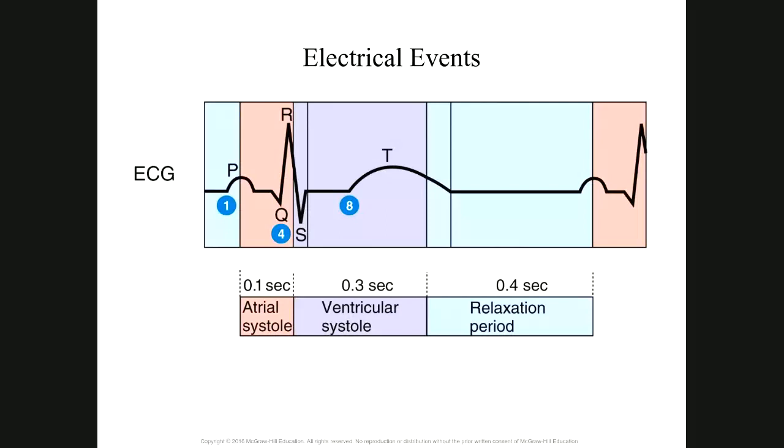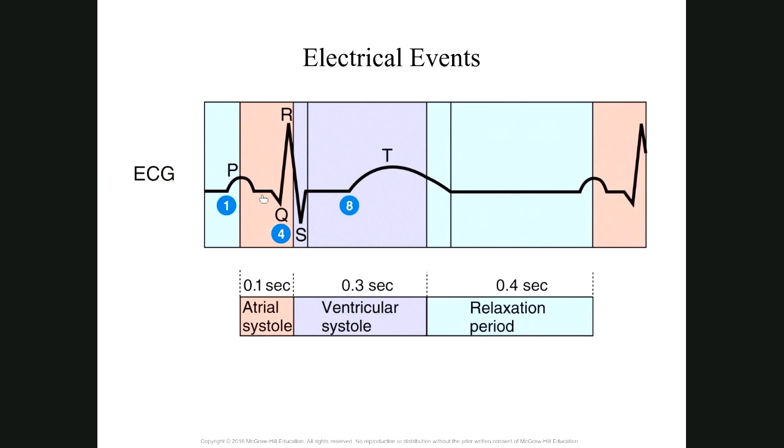Look at here. In this picture, you can see the P wave, the QRS complex, and T. You know that here it shows us the atrial depolarization and contraction. Then you see that your atria remain in contraction for a little bit to send all the blood to the ventricle.